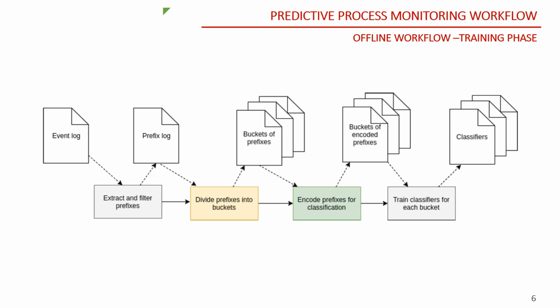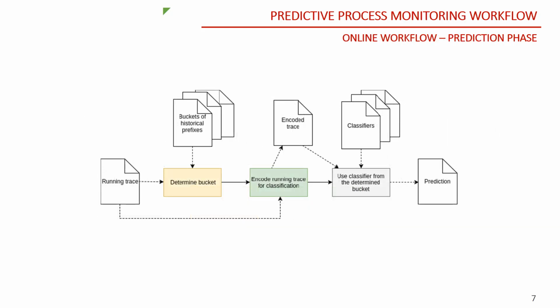Then we can take this prefix log and divide it into different subsets, and then we can take each one of the sets and encode them. That is, translate the events into numbers, because that's the format that our classifiers and regressors like the most. We can train our classifier, and basically we will have a set of classifiers that are able to predict the future of each one of the prefixes.